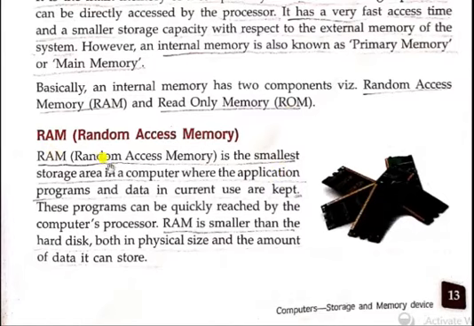RAM stands for random access memory. It is the smallest storage area in a computer where the application programs and data in current use are kept. So whatever the user does currently, that is stored in RAM.